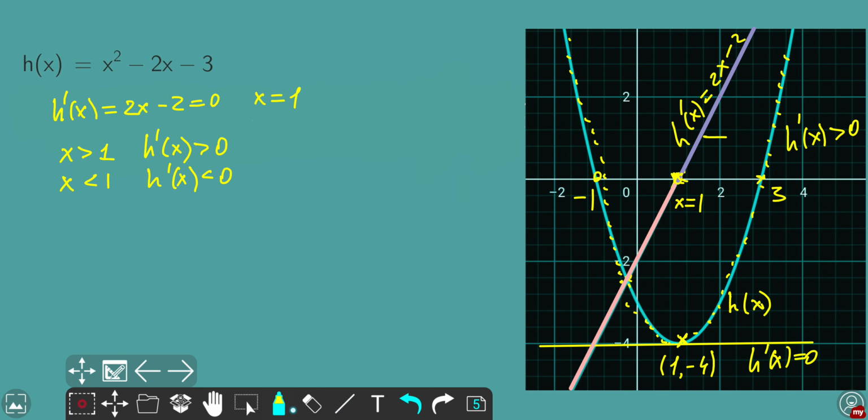So you can say that here the function is rising, it's a rise for the function h of x, and here is the fall for h of x. So it works pretty simply and intuitively.